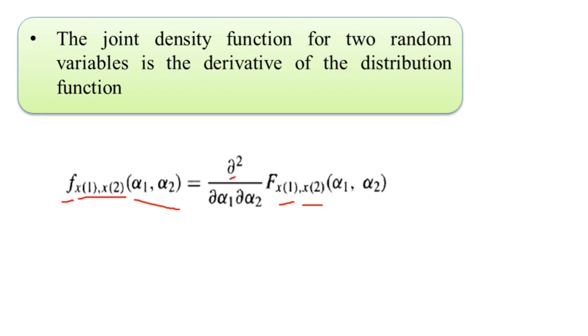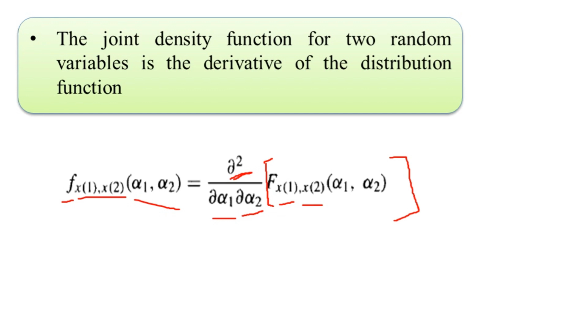Hence we have partial differentiation represented by del 2 by del alpha 1 del alpha 2 over the joint probability distribution function, capital F suffix x1, x2 as a function of alpha 1, alpha 2.